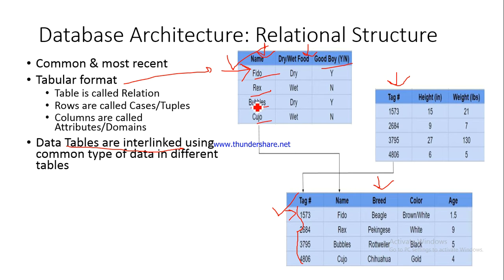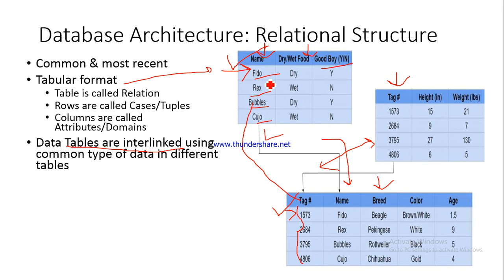For example, have a look at these two, and this is the arrow which shows the domain used for interlinking the two tables. The domain here was name, and the one here is again name. So this has been used to actually interlink the two tables. In these two tables, you would find that tag number has been used to interlink them, right? And this is how, when you want some information from this database, the information would be generated, right?